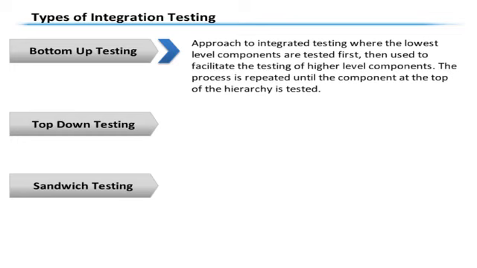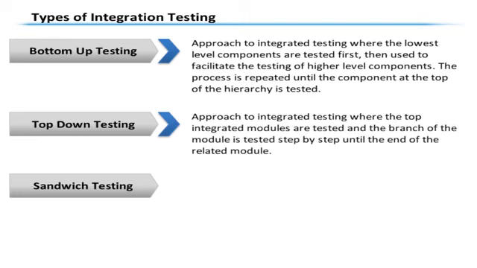After the integration testing of lower-level integrated modules, the next level of modules will be formed and can be used for integration testing. This approach is helpful only when all or most of the modules of the same development level are ready. This method also helps to determine the levels of software developed and makes it easier to report testing progress in the form of a percentage.